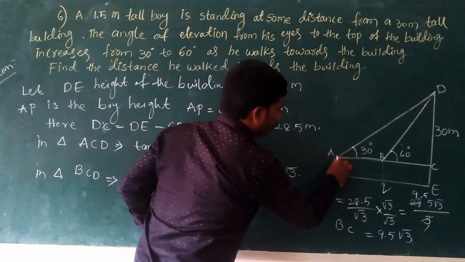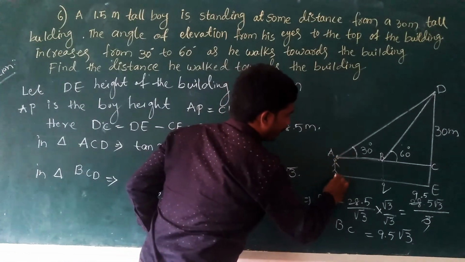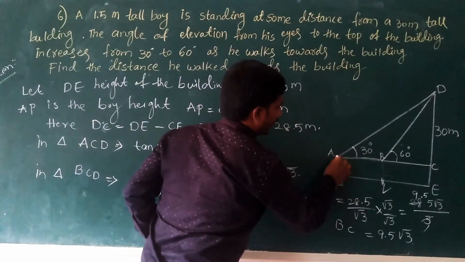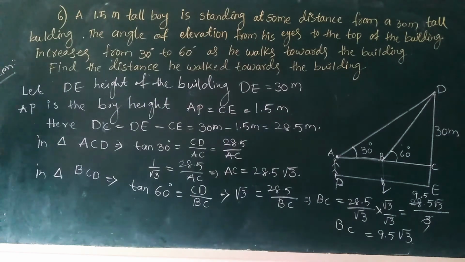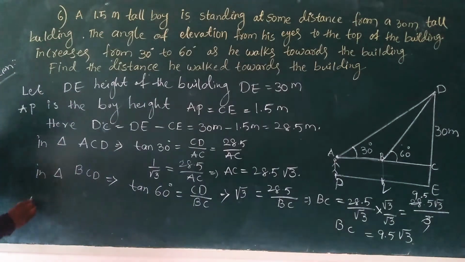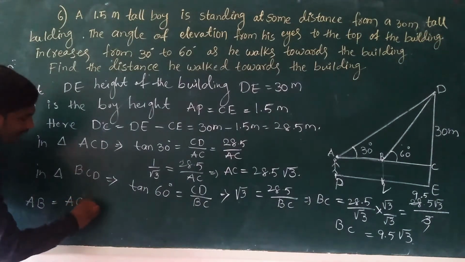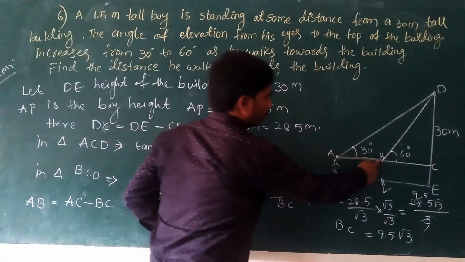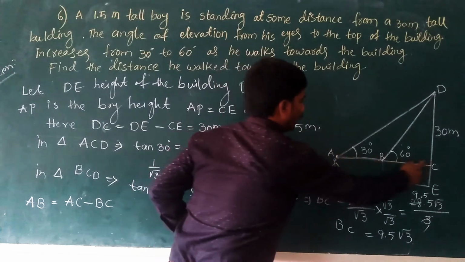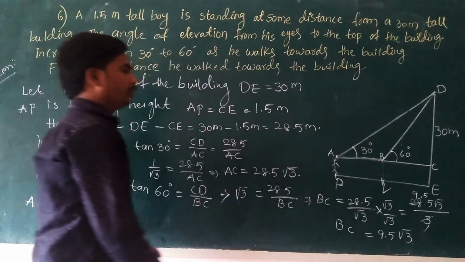How much distance did he walk? From point P to point Q, it means point A to point B. So the distance AB is equal to AC minus BC, total distance minus B to C distance.